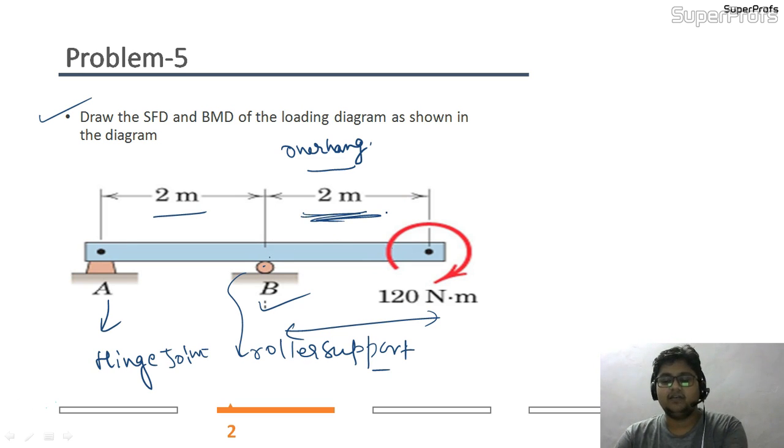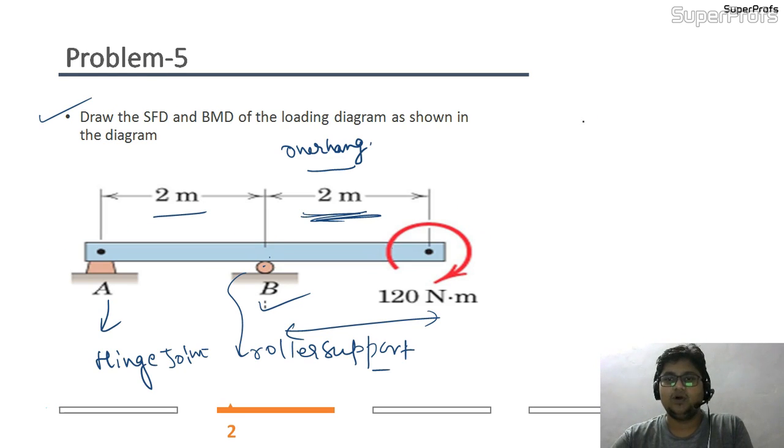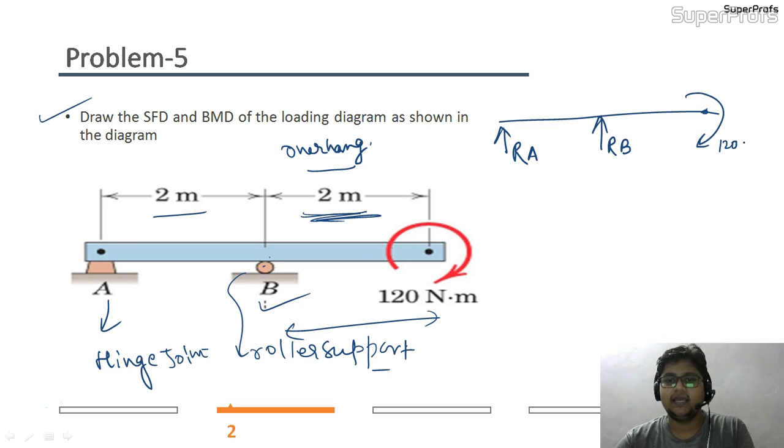First of all I will draw the line diagram, which has been shown here. How I am getting the 60, I will show you here itself. Suppose this is my beam and I have a reaction RA here, a reaction RB here, and a couple of 120 Newton meter is acting.